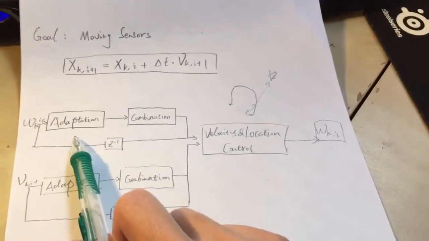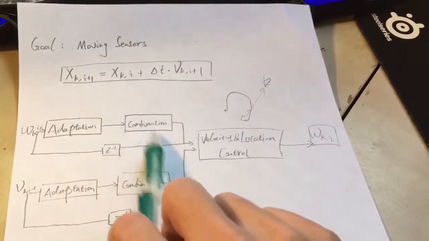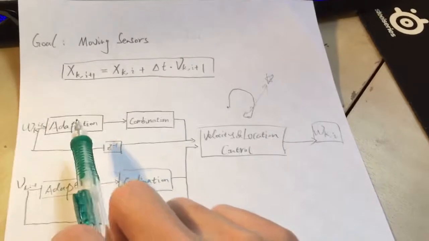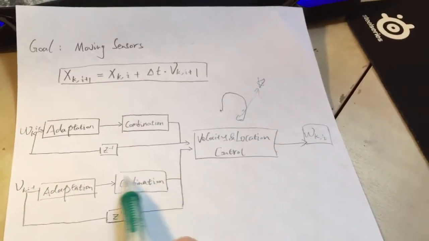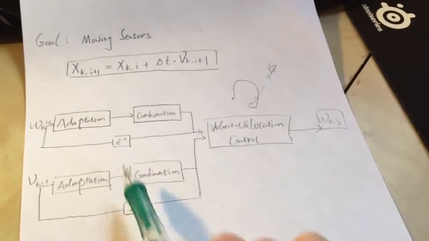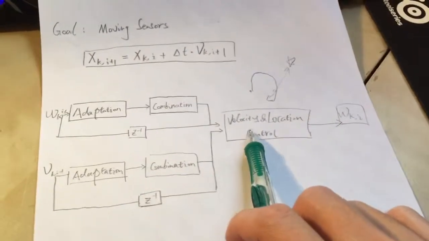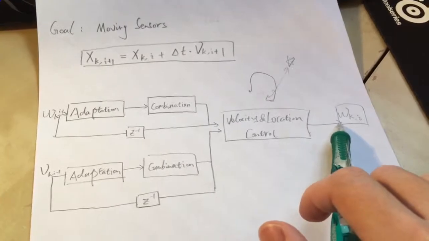So we do adaptation, adapt then combine. That's our first step, and the future goal is adding the velocity, adding the moving sensors. So this combine will get the updated velocity and location. Finally, we're still getting the correct location estimation.